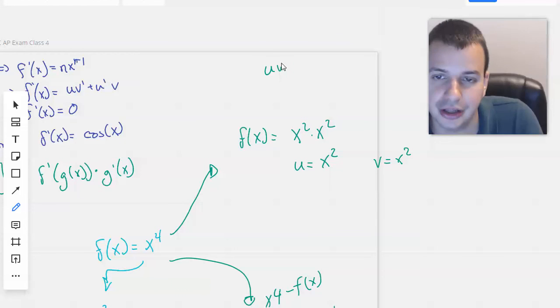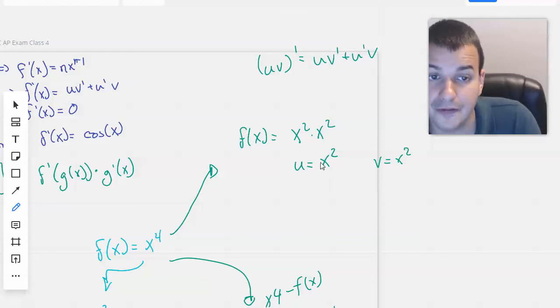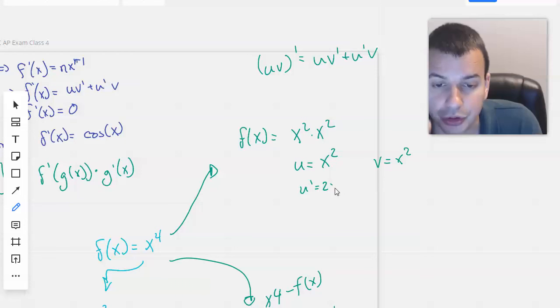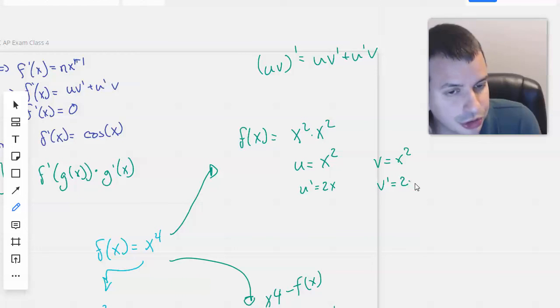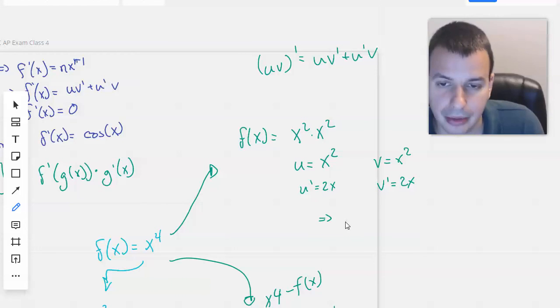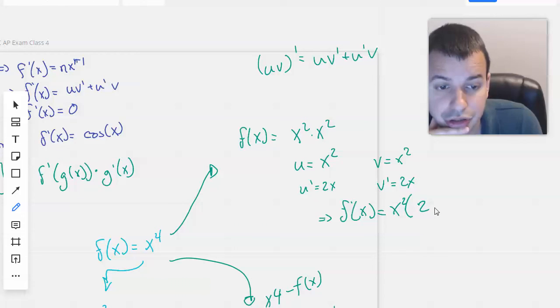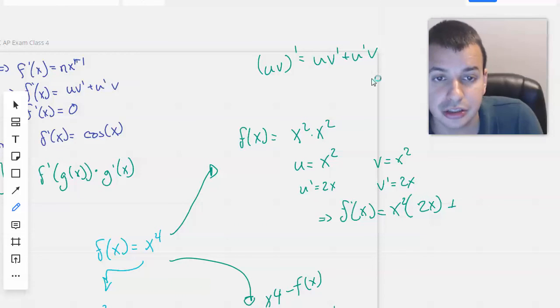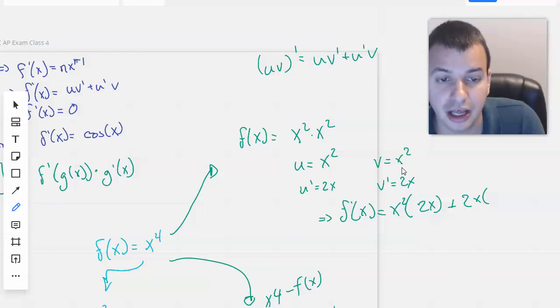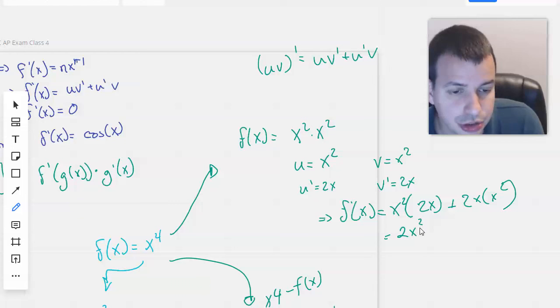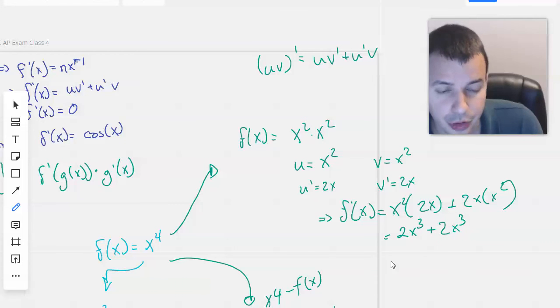I should probably write up here (uv) prime equals u v prime plus u prime v. u prime equals 2x, v prime equals 2x, and we are left with f prime of x equals x squared times 2x plus 2x times x squared, which gives us 2x cubed plus 2x cubed, which gives us 4x cubed.